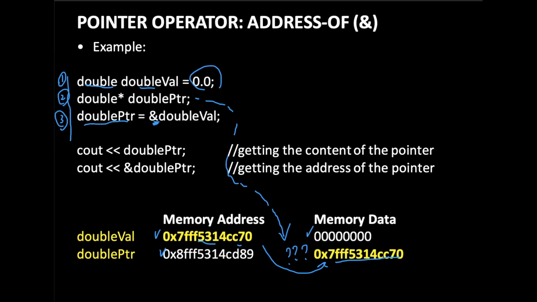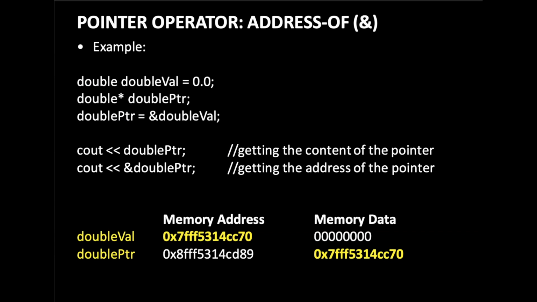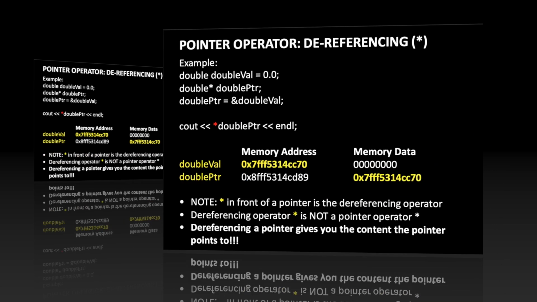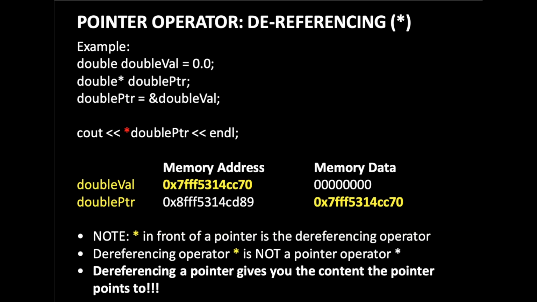Let's move on to talk about the other pointer operator, dereferencing. Let's take, for example, the same thing that we had here. We use this star, which sits in front of the double pointer, to indirectly refer to the value that this double pointer points to. This operator is what we call the dereferencing operator, and sometimes we call it the indirection operator.